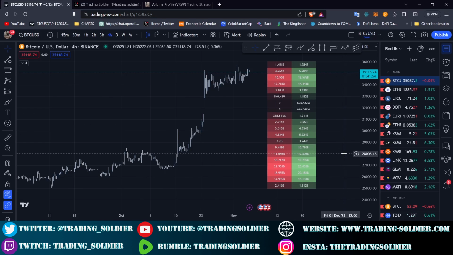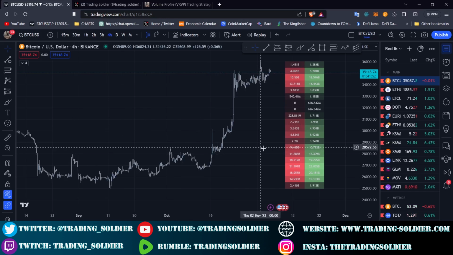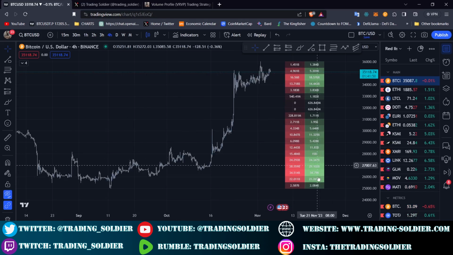You have to, for example, search for areas in the horizontal lines here in the footprint where a lot of volume was transacted. So here, for example, you see that we have 5 billion, 18 billion.